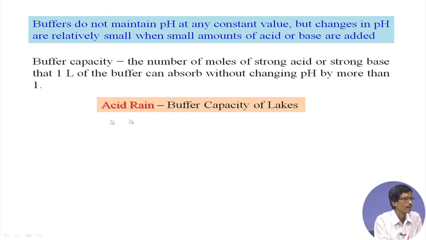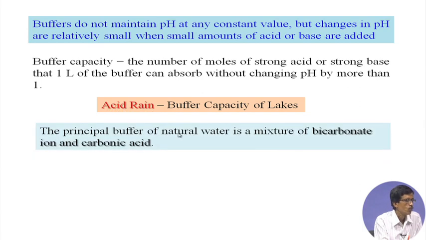In this particular case it is the acid from the acid rain, how much it can consume due to the deposition from these carbonate rocks. The principal buffer of natural water is basically a mixture of bicarbonate ion and carbonic acid. The rocks are dissolving, and due to the availability of acid either from the water itself or from the acid rain, we get the bicarbonate and the carbonic acid.